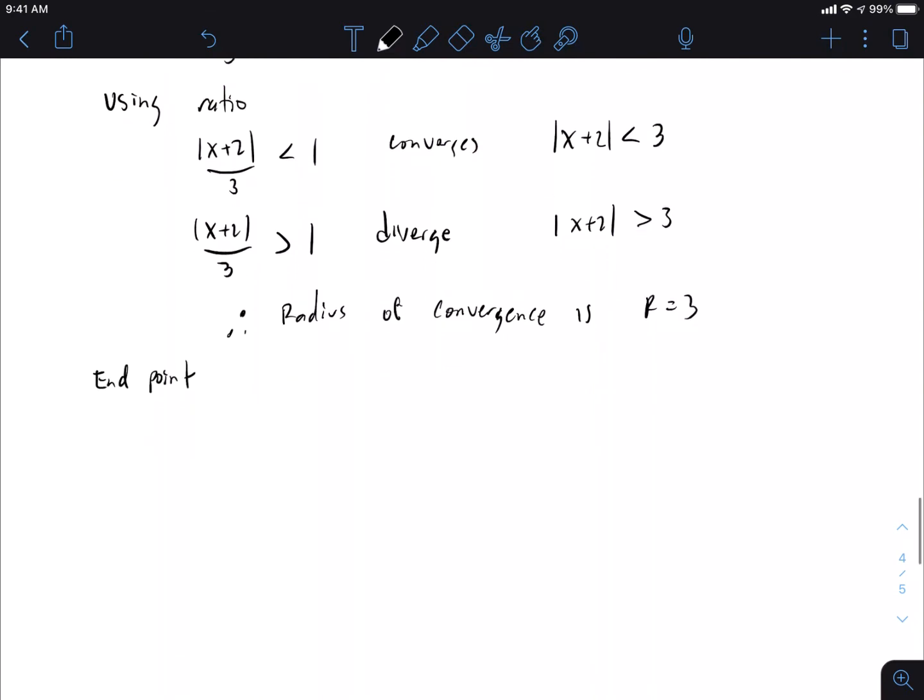So here we go. If x is equal to -5, I'm going to have the sum n equals 0 of n times (-3) to the n over 3 to the n plus 1.